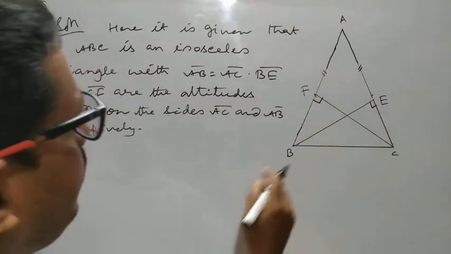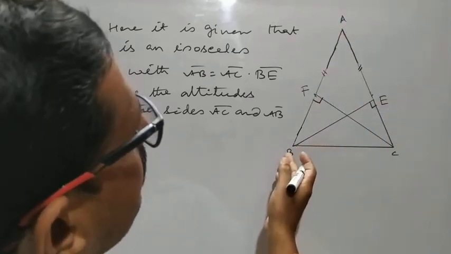BE and CF are the altitudes drawn on the side AC and AB respectively.